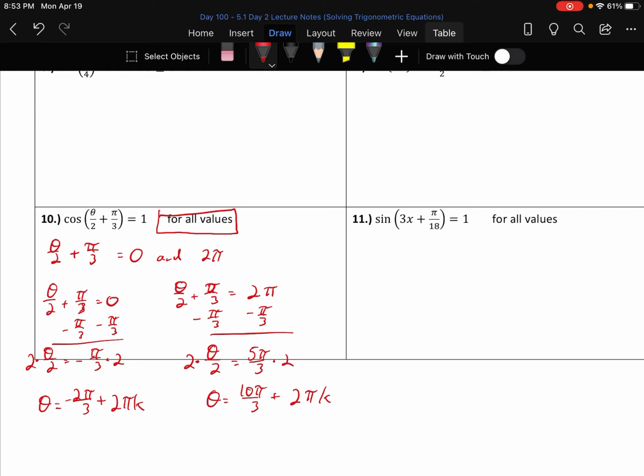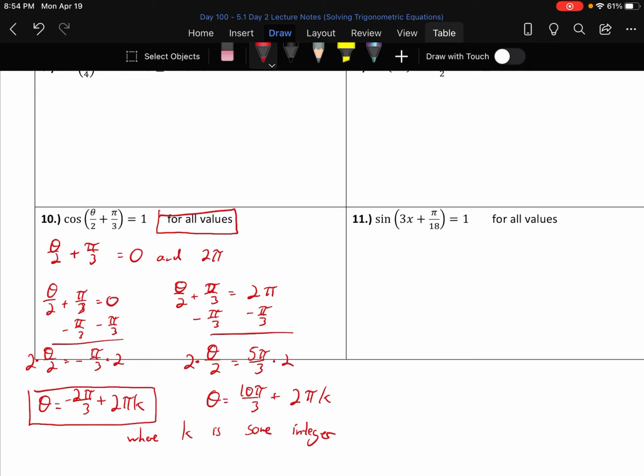And yes, you do have to specify where k is some integer. So you do have to specify that k is an integer because we don't want k to be a fraction. No, we want k to be a whole number so that you can just add and subtract as many multiples of 2 pi as you want to get all the solutions. Okay, so that would be your final answer for that one.